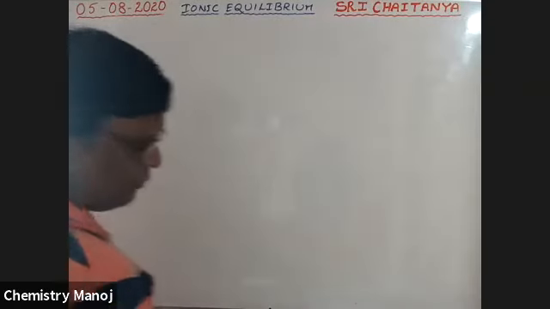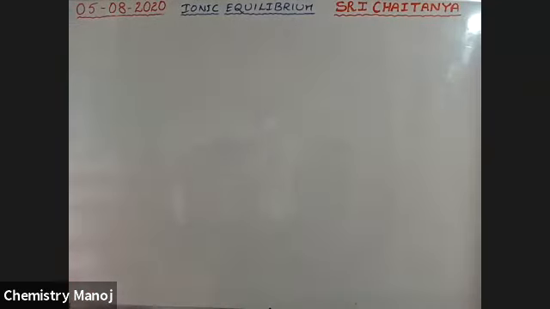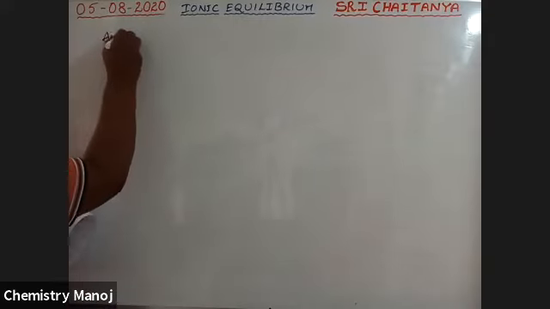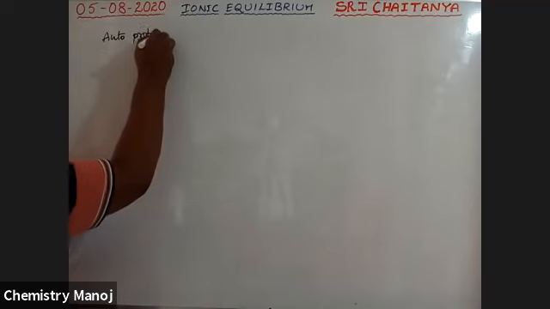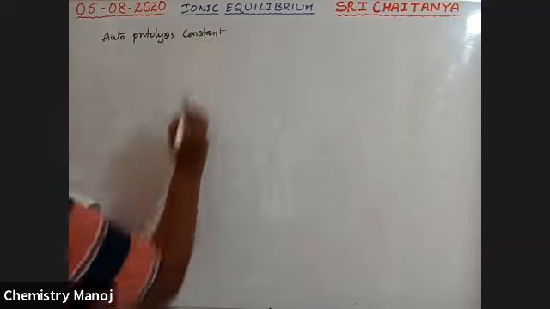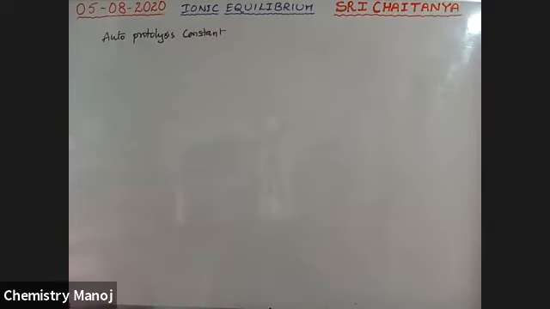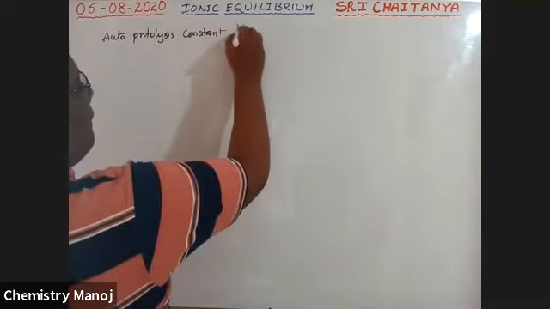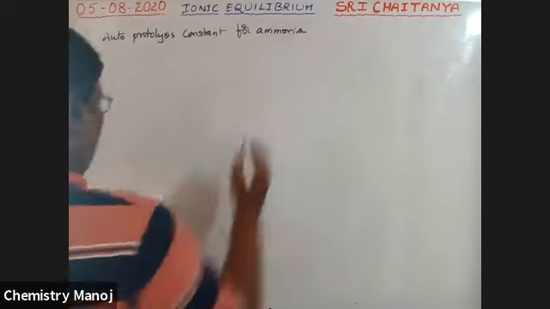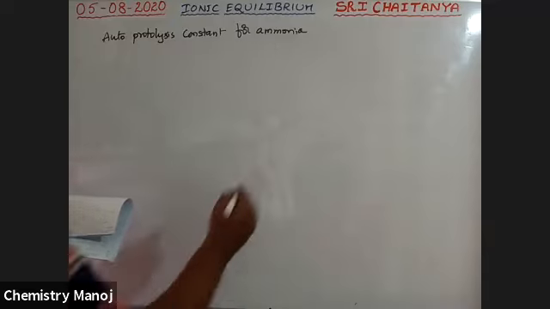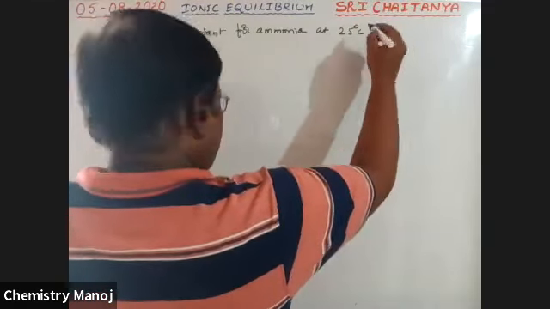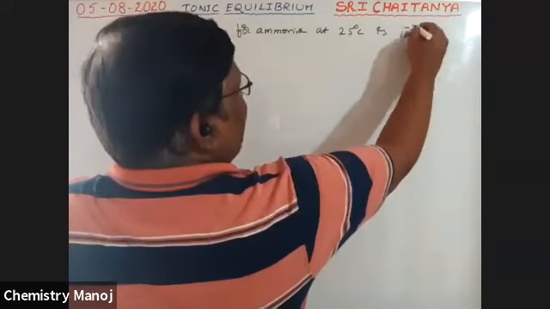See boys, the autoprotolysis constant for ammonia at 25 degrees centigrade is 10 power minus 30.